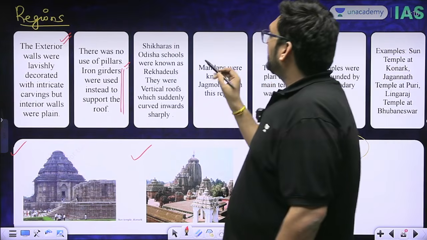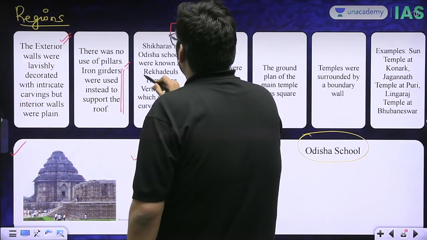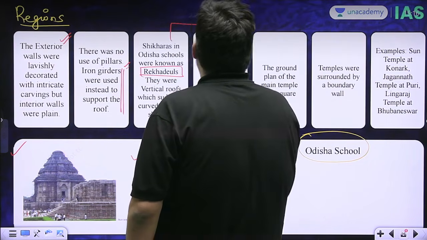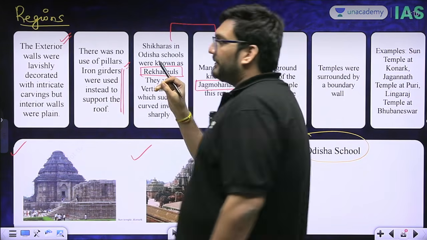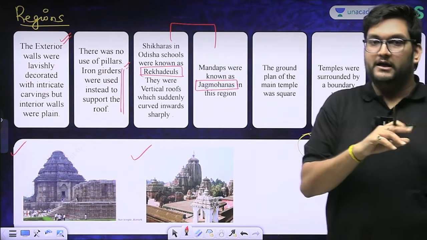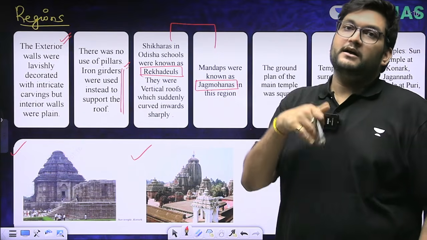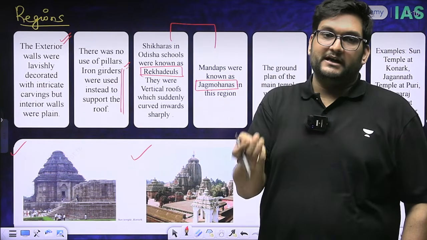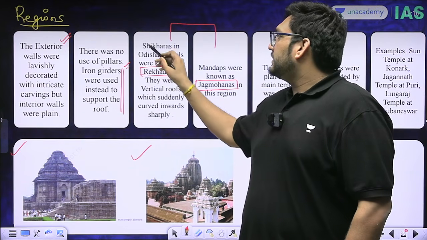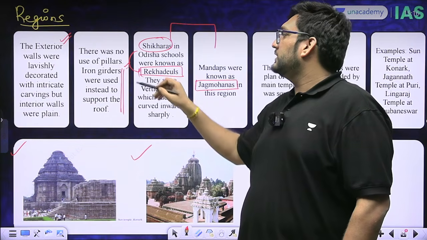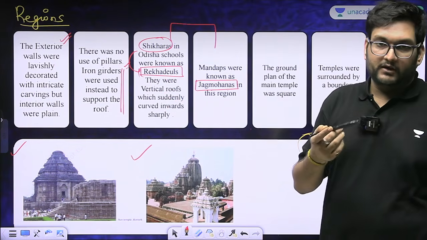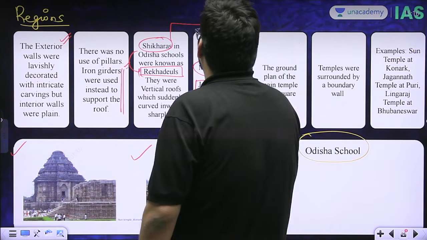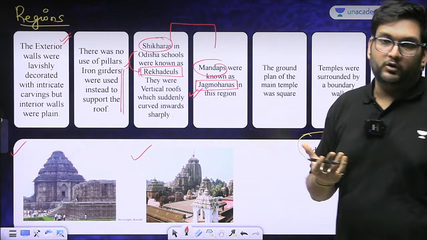But the two most important concepts, Rekhadul and Jagmohan. Rekha Prasada is a word used for Latina. Rekhadul is a word play on Rekha Prasada, and the Shikhars in Odisha school is called as Rekhadul, and the Mandap in Odisha school is called as Jagmohan.